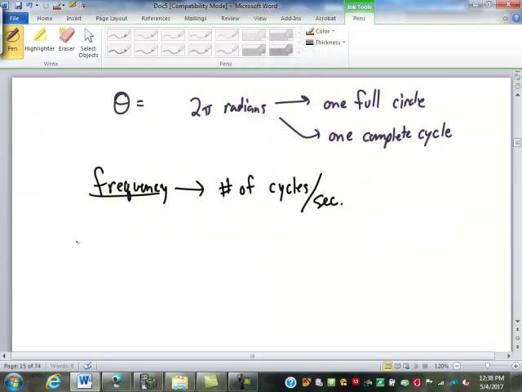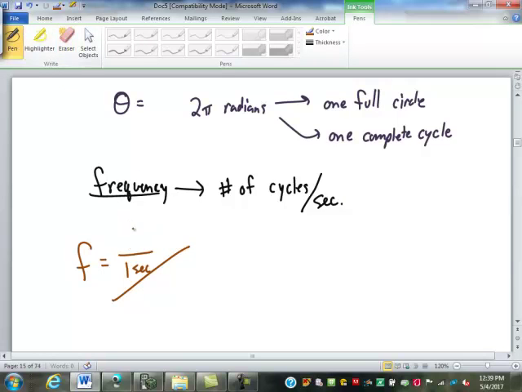So one formula for frequency is our frequency can be our angular velocity divided by 1 second over, actually I got that wrong, that should be omega.